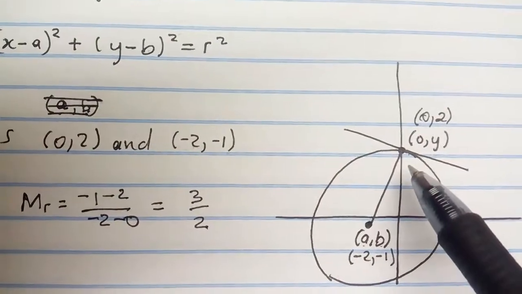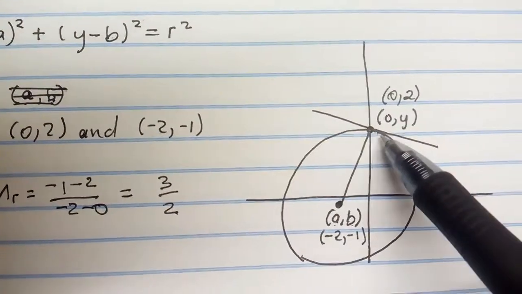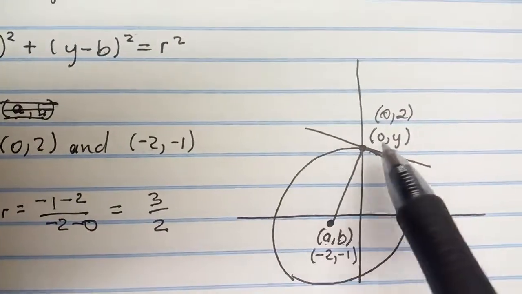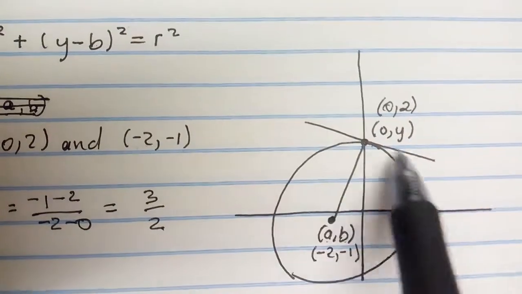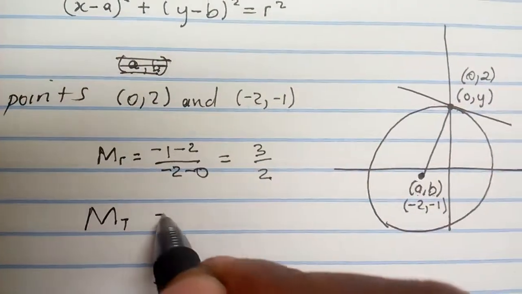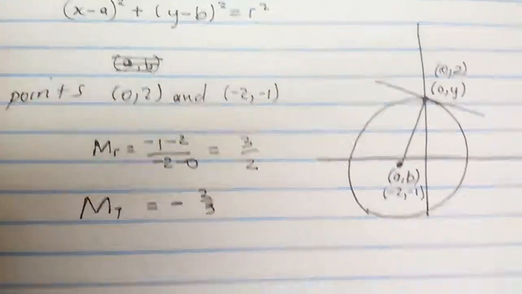With that being said, meaning if the gradient of the radius is 3/2, it means the gradient of the tangent line will be -2/3.